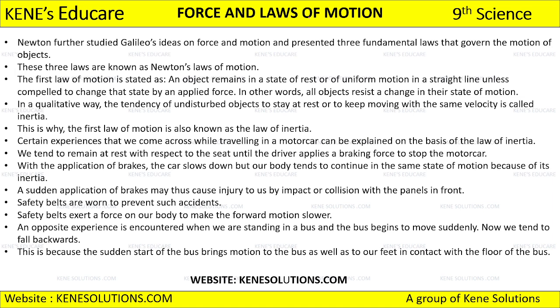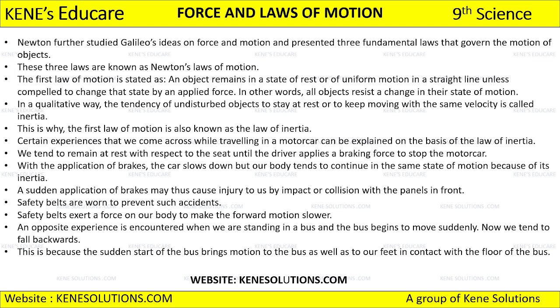Why do we wear a seat belt? We know that a seat belt is compulsory when it comes to traveling inside a car, right? Safety belts play a very important role because they exert a force on our body to make the forward motion slower. An opposite experience is encountered when we are standing in a bus and the bus begins to move suddenly.